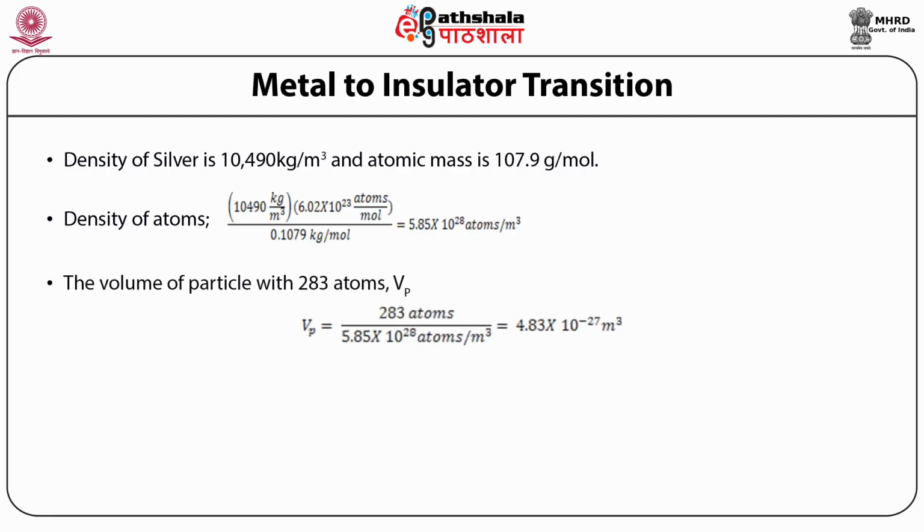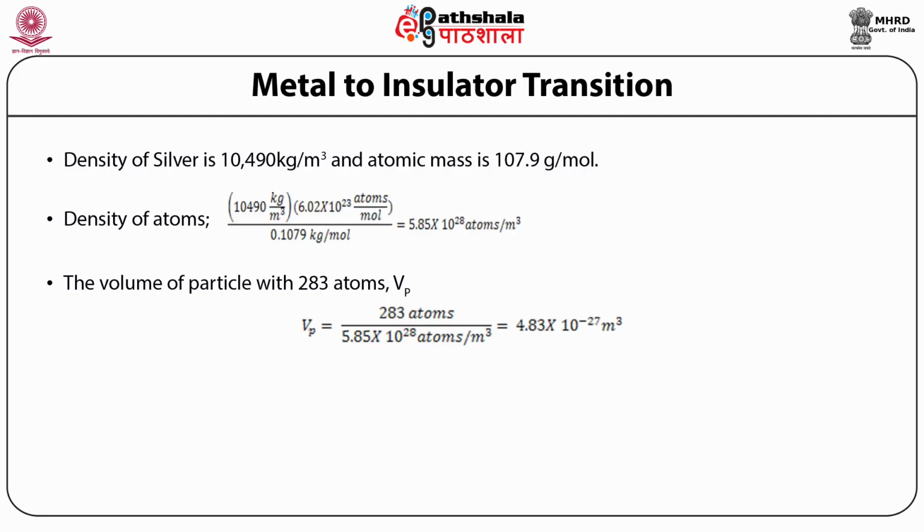Now the volume of particle with 283 atoms is Vp, which is equal to 283 atoms divided by 5.85 multiplied by 10 to the power 28 atoms per meter cube.